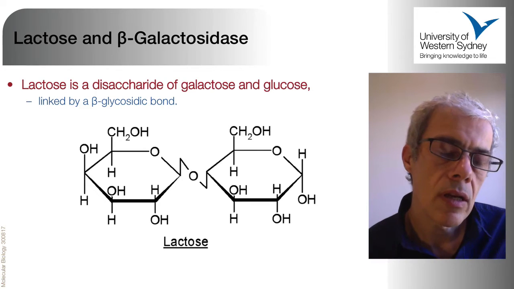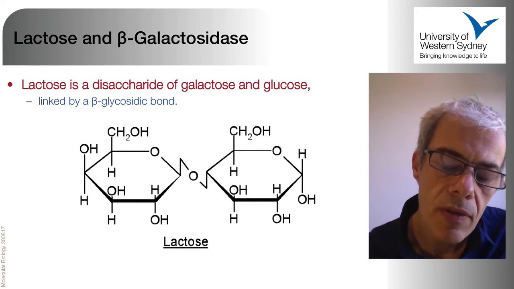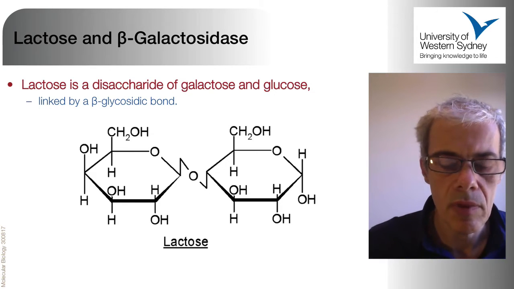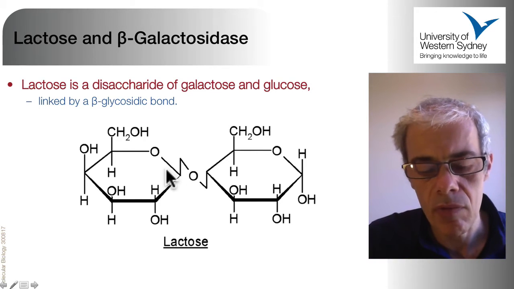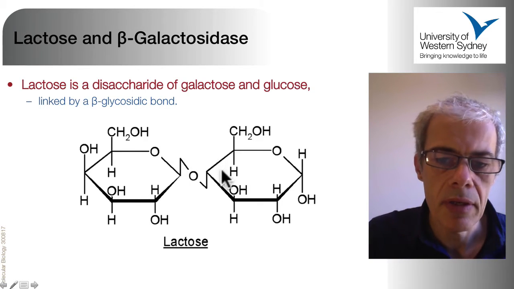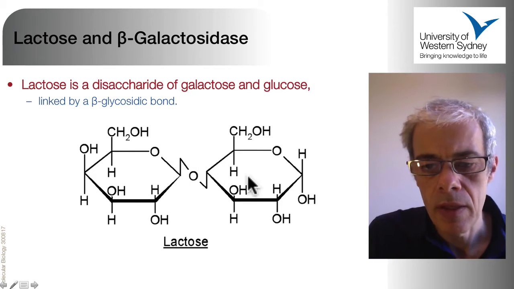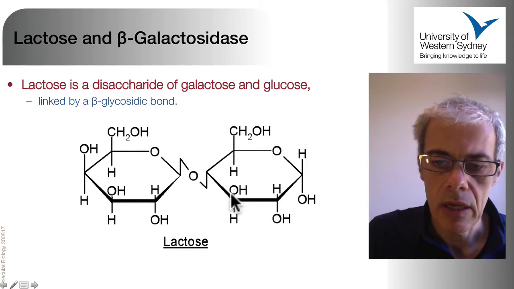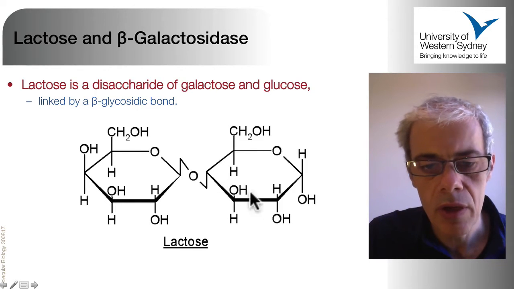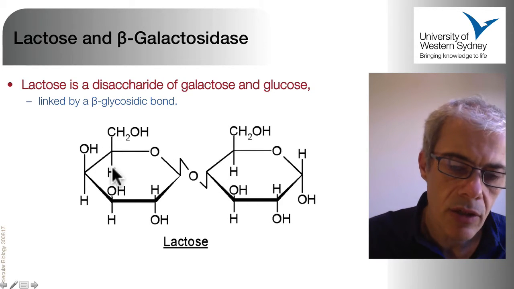So lactose is a sugar that the bacteria can break down. I've got a figure here of lactose. It's basically two sugar units joined together by a glycosidic bond. So here we have our down, up, down sort of sugar, referring to the OHs. So this is our glucose, and here is a galactose.